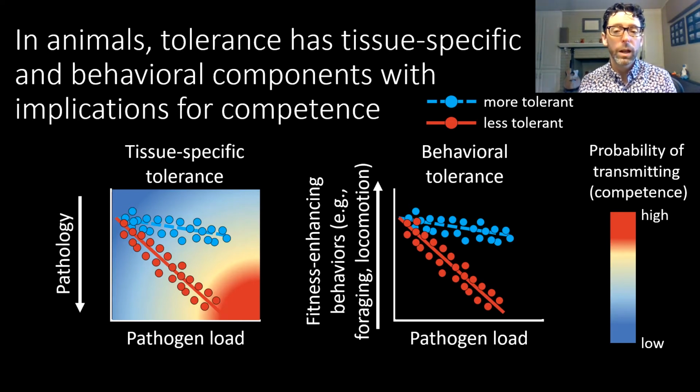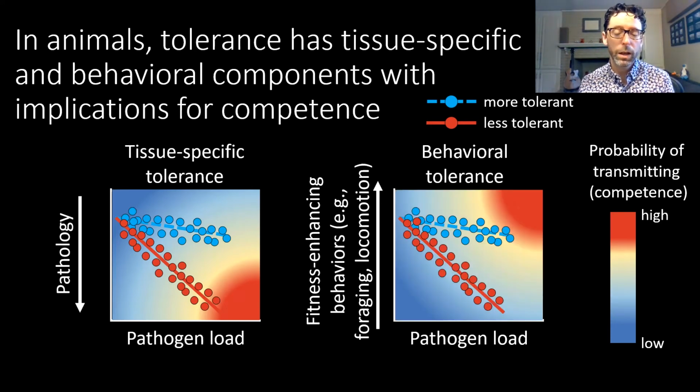So your least tolerant individuals might be your most competent, right? Those that have the pathology and the pathogen load. On the other hand, with behavioral tolerance, those animals that keep those behaviors going, for a directly transmitted pathogen, they're going to be more likely to encounter others, so a higher contact rate, so your more tolerant animals are going to be more competent.